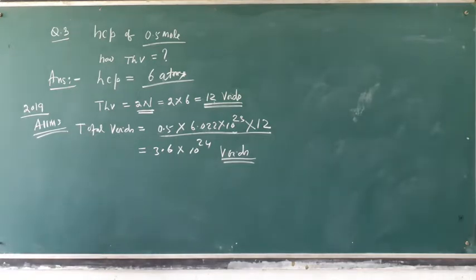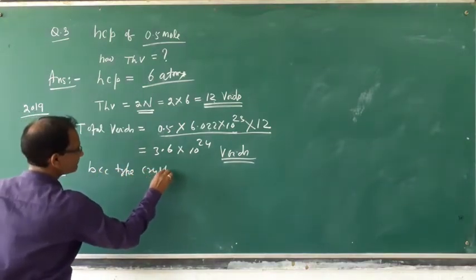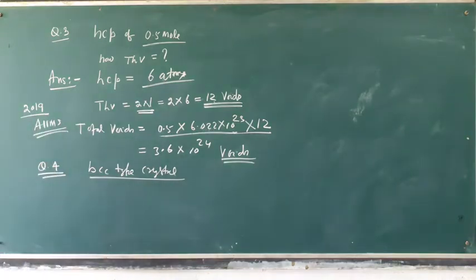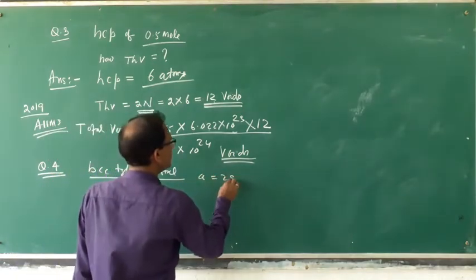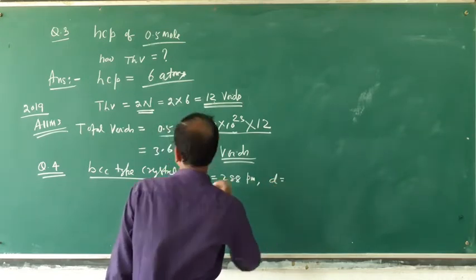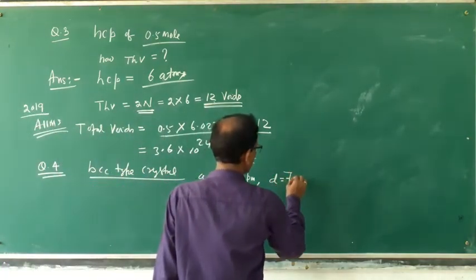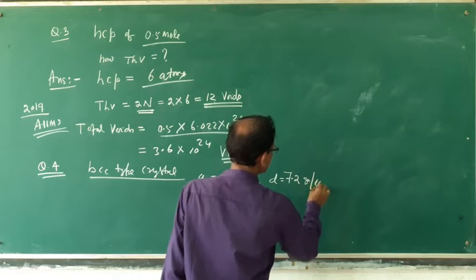Then question number 4 is like this. A BCC type crystal is given, with edge length equal to 288 picometer and density 7.2 gram per cc.